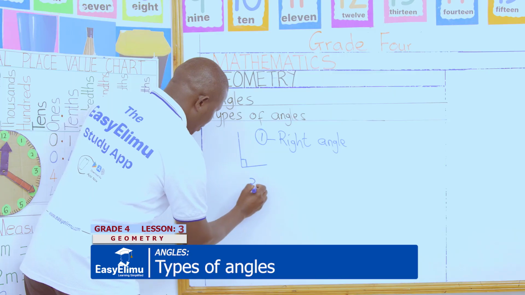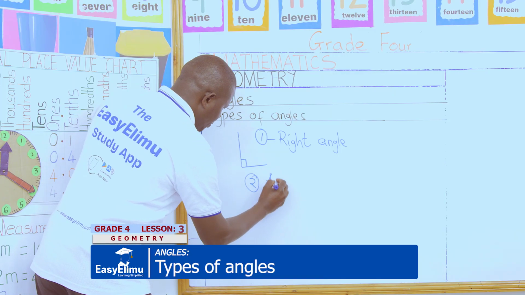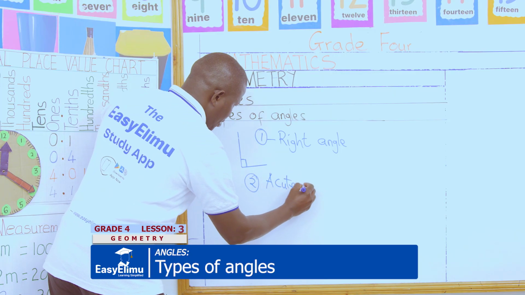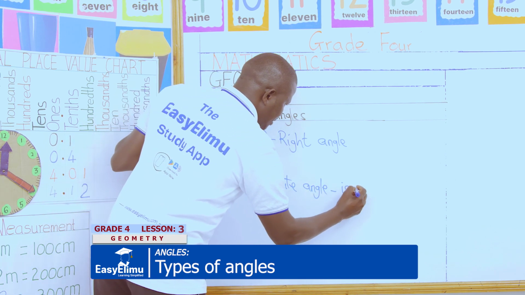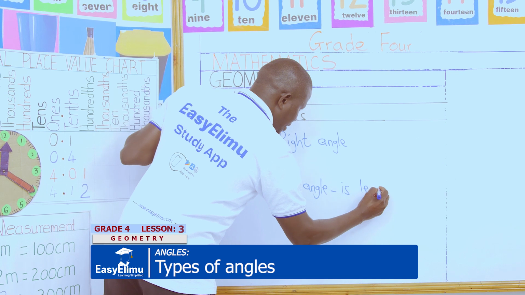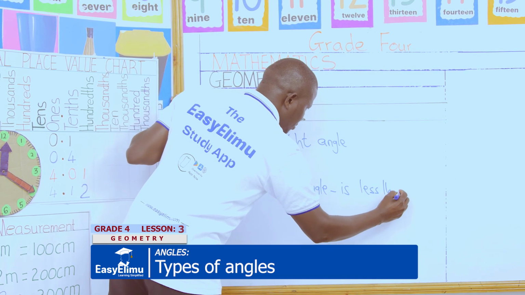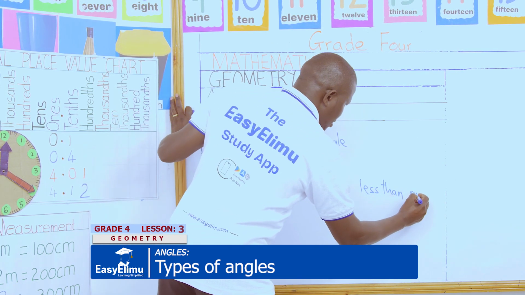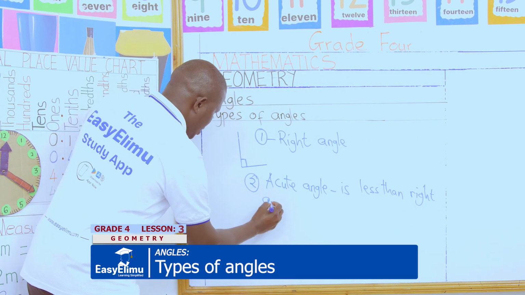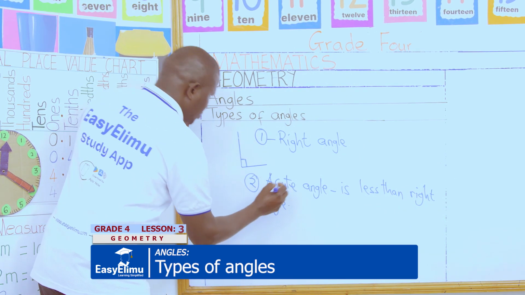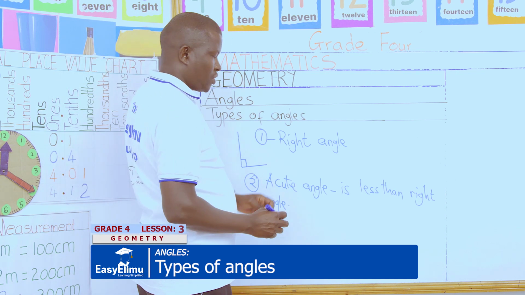Number 2, acute angle. Acute angle, we have said, is less than right angle.